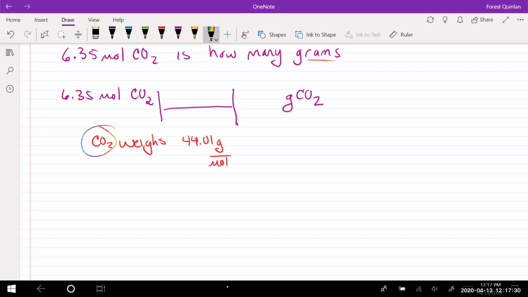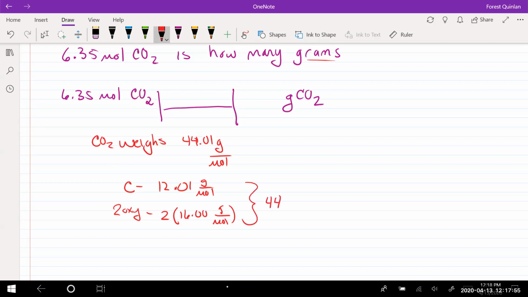Isn't it just like the mass? Keep going. Okay, so it's the mass of 2 oxygens and the mass of 1 carbon. Yep. So the carbon is 12.01 grams per mole, and the 2 oxygens are 2 times 16.00 grams per mole. And you're just going to add those up, which will end up to be 44.01 grams per mole.